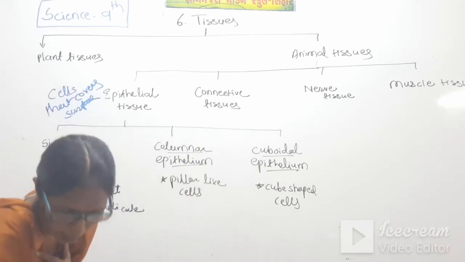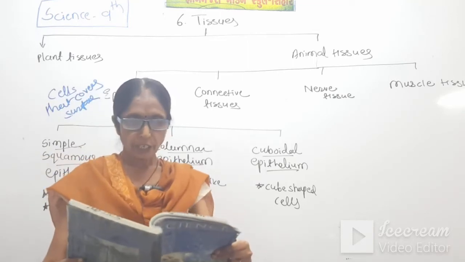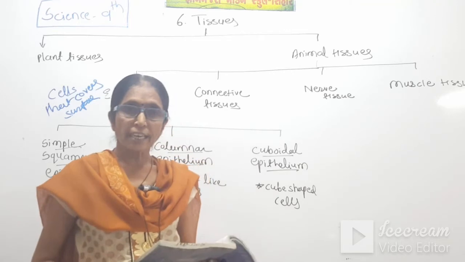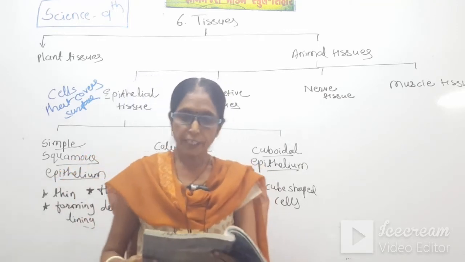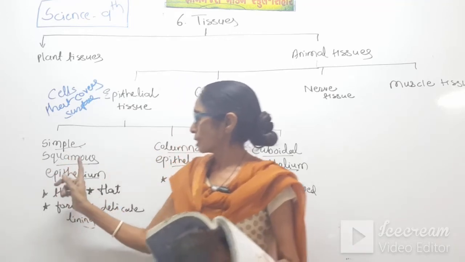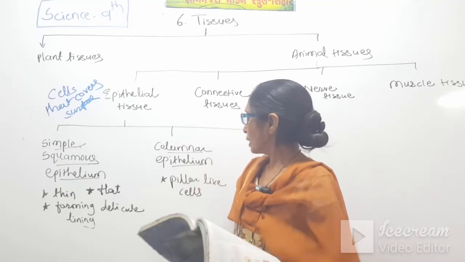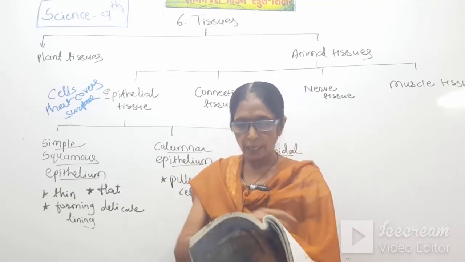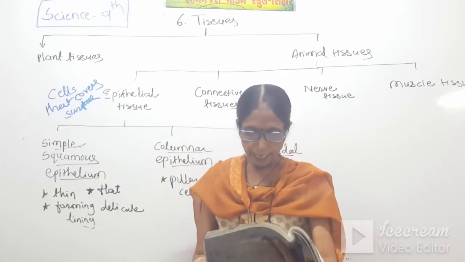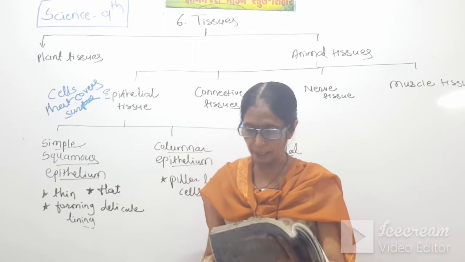Students, take out the textbook, page numbers 74 and 75. Figures are given. Figure A is of squamous epithelium, figure B is cuboidal, figure C is columnar epithelium and D is stratified squamous epithelium.